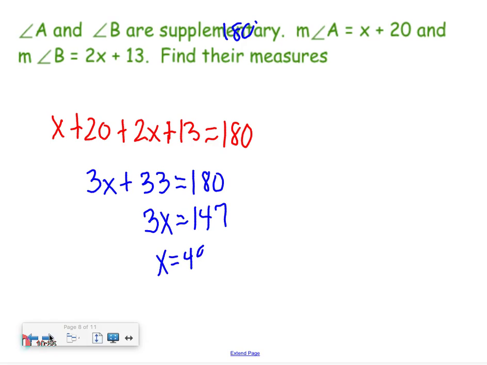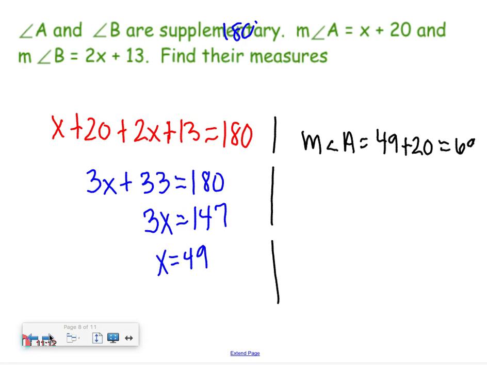Beautiful. But remember, to answer the question, we want to find their measures. We have to plug that in. So the measure of angle A: 49 plus 20 gives me 69 degrees.